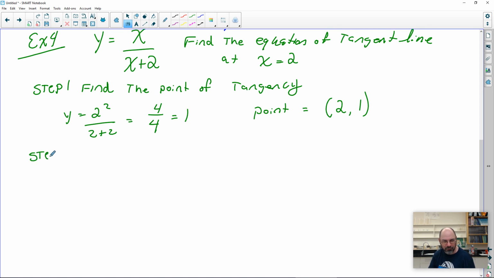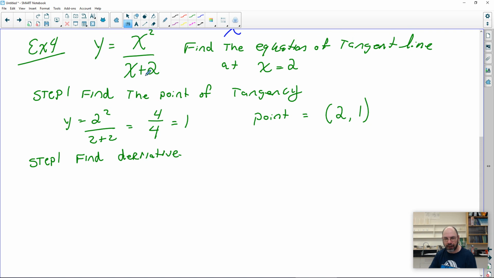Step 2, after we have the point, is to find the derivative so that you can get the slope. Now, you don't even have to simplify the derivative. As long as you get the derivative, you can plug in the value of 2 for x to get that. So we're going to go ahead and do the derivative of x squared over x plus 2.